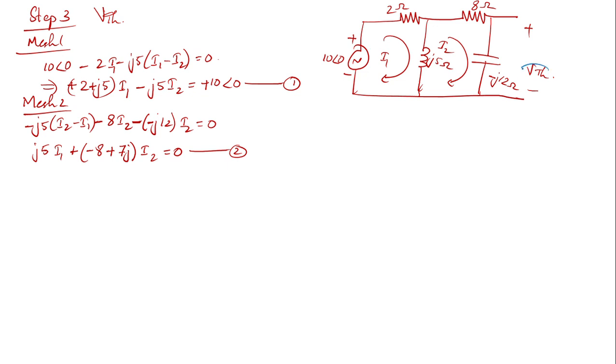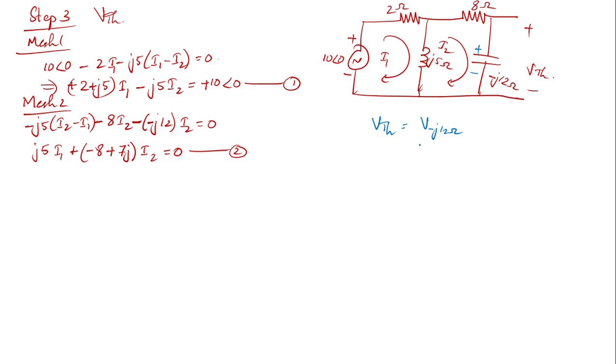We need to find out the value of VTH, and VTH is simply the voltage across this particular capacitor. The current is going in the downward manner, this is your polarity, so definitely VTH is equal to voltage across the minus j12 ohm capacitor.